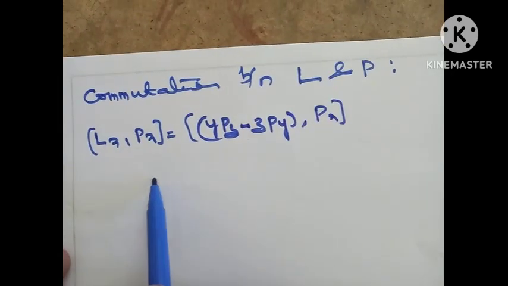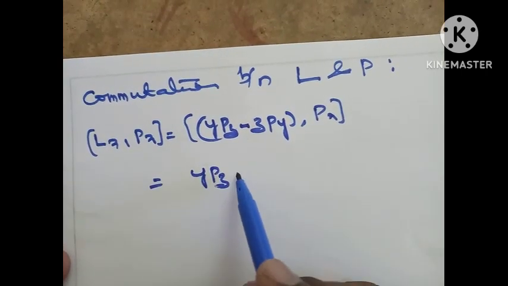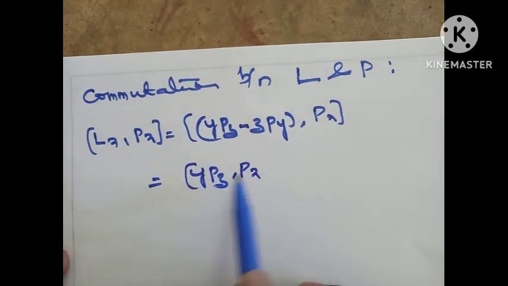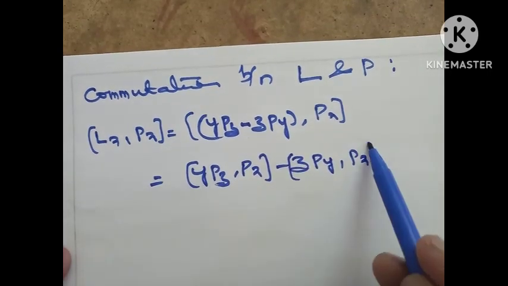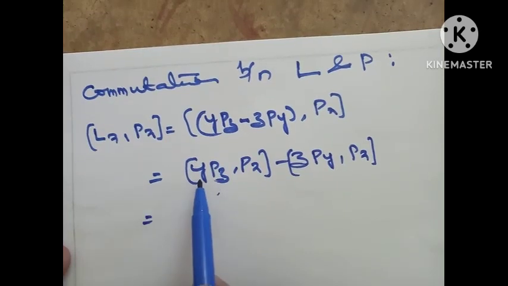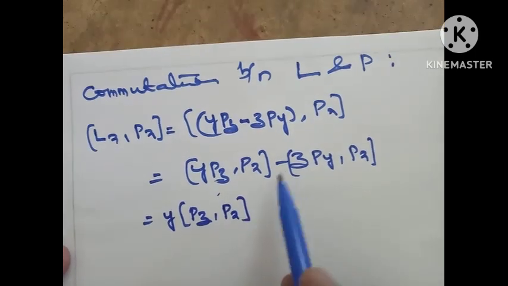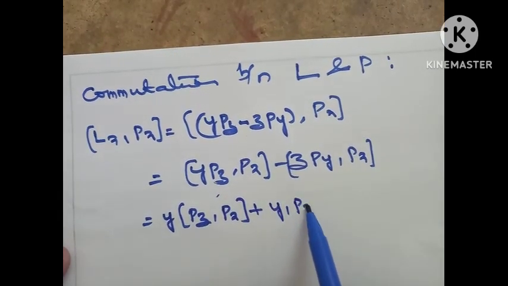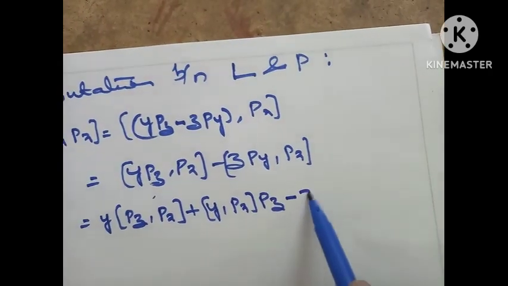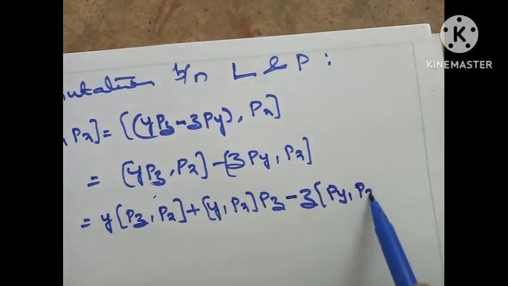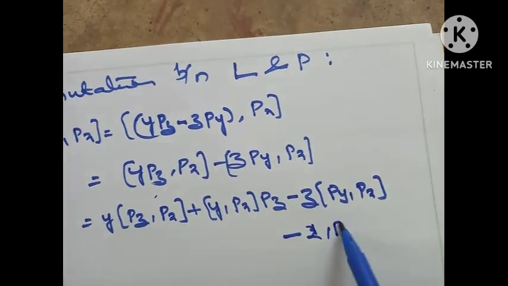Now separate the terms, what do we get? ypz comma Px minus zpy comma Px. So again write this one as y pz comma Px plus y comma Px into Pz, and here I am writing minus z into py comma Px, and minus z comma Px into Py.